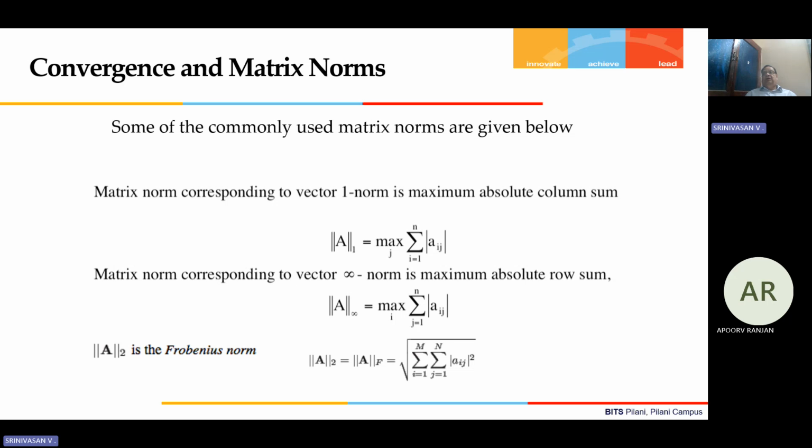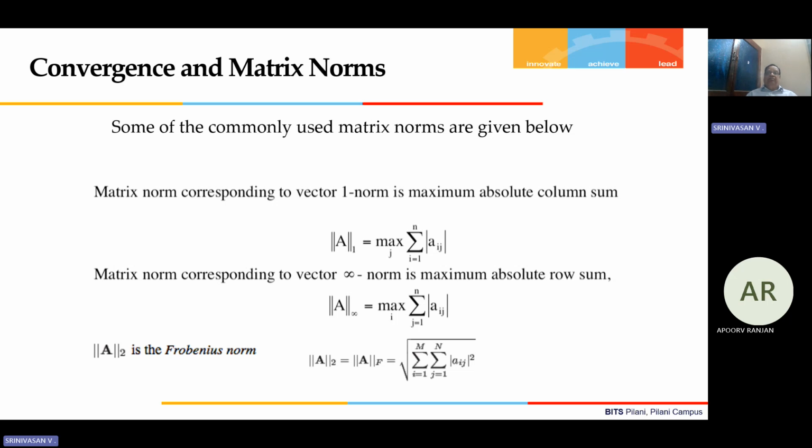Maximum of sum of absolute values of column elements. That is norm A suffix 1 equal to maximum over j of sigma modulus Aij, i varies from 1 to n.